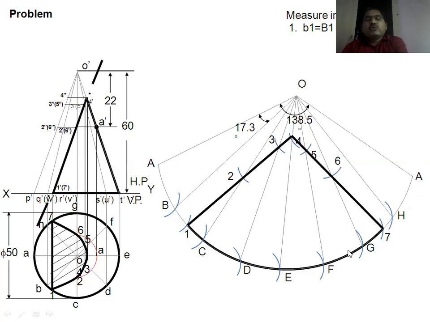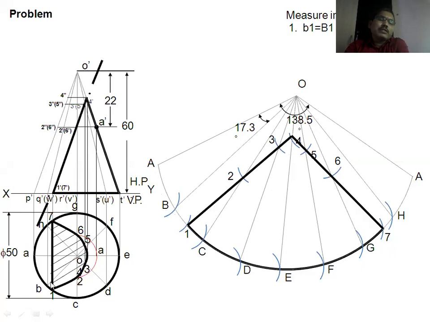Now you have marked these divisions and named them accordingly, capital A, capital B, capital C, like this. But your development figure is not of the entire cone. The apex is removed, the generators are removed. So only a few points, these 6 points, 1 point is on the base edge.